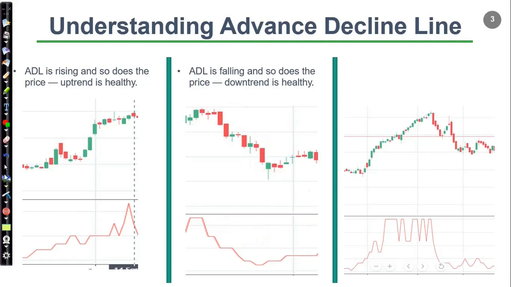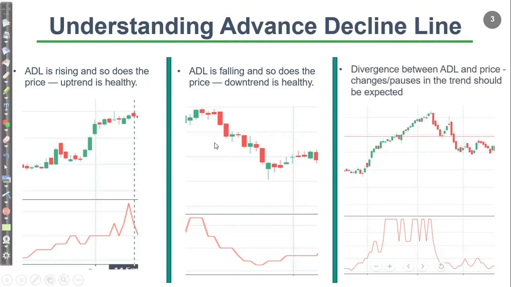Another most important scenario is called the divergence pattern. Here you can see the divergence pattern.